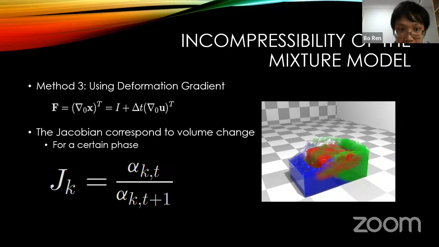So we can prove that J_k, the Jacobian of the local deformation gradient, corresponds to the volume fraction change rate. This is derived from the continuity equation.